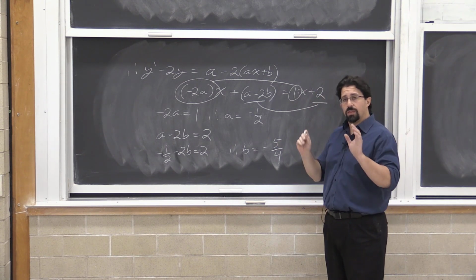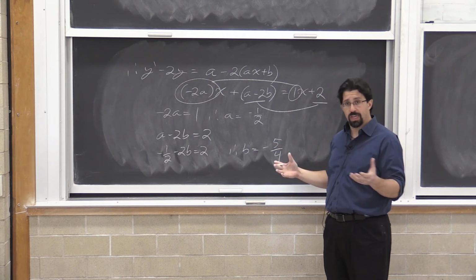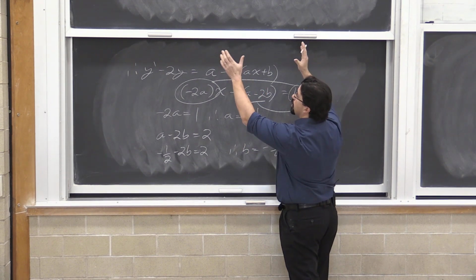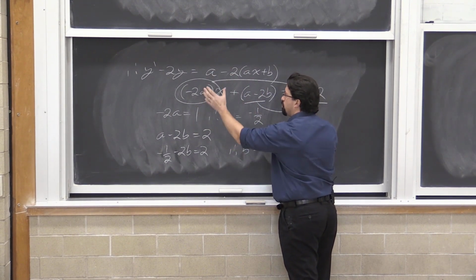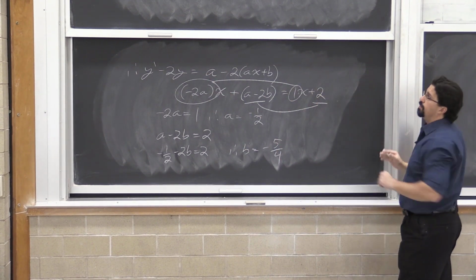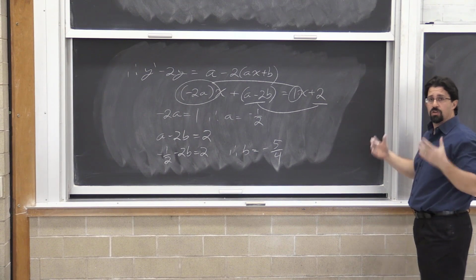Okay, so let's put these two solutions together. All right, we want to take what we have for the y, a particular value of y that solves this equation, and then we want to add the value for y that solves the homogeneous system.